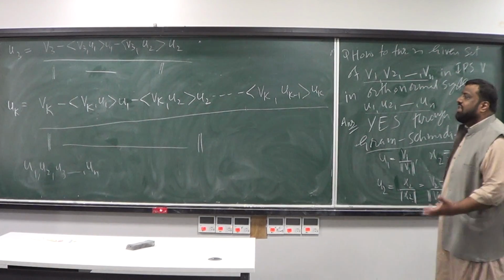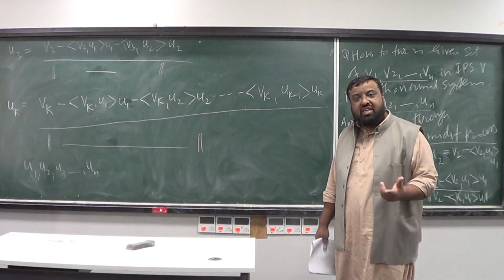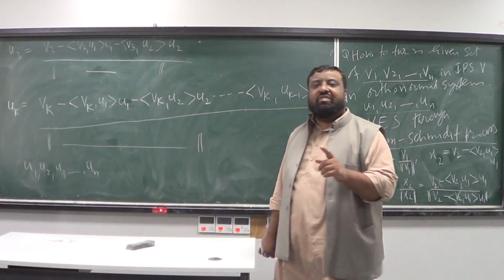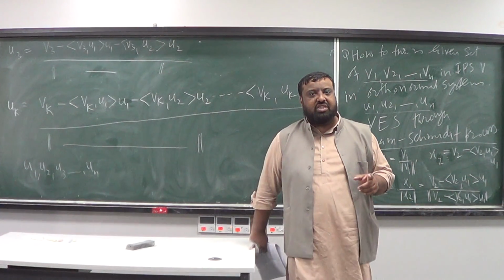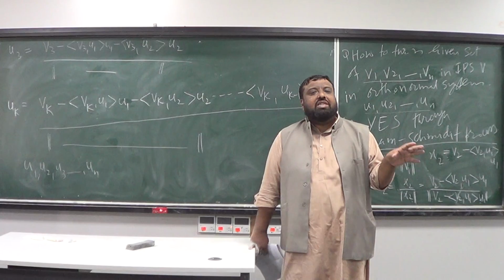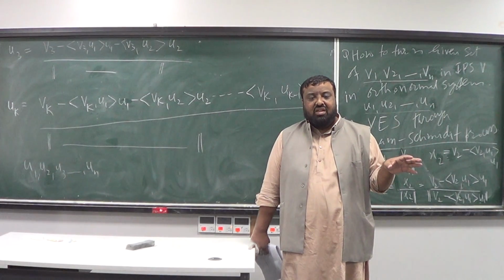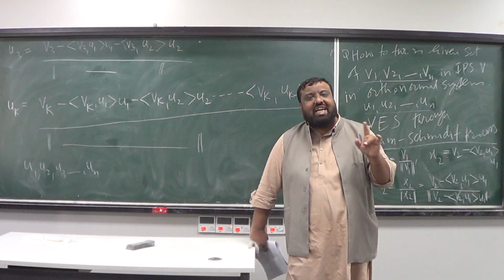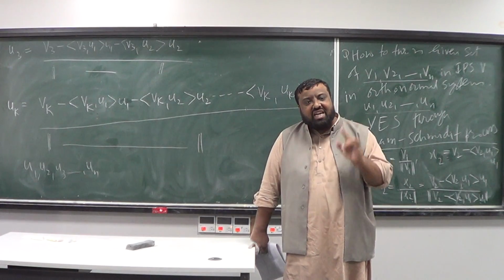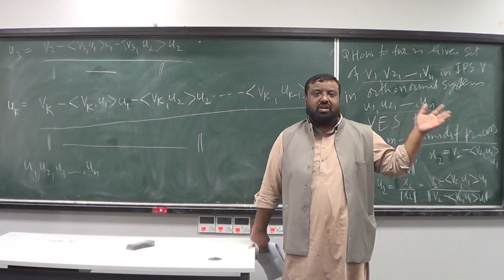So what is the consequence of it? Imagine you have a vector space or inner product space for which you have any basis. You can take that basis and turn it into an orthonormal basis.